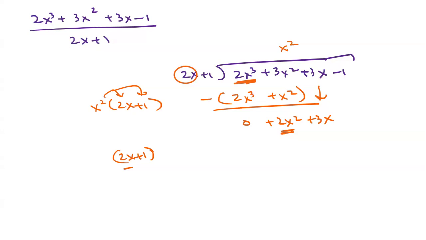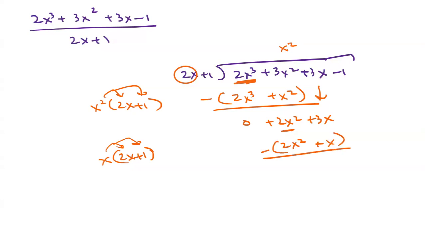Yes, an x. A regular x, yep. All right, so multiply by x. So then I distribute. So x times 2x is going to give me 2x squared, and x times 1 gives me x, and then I subtract.